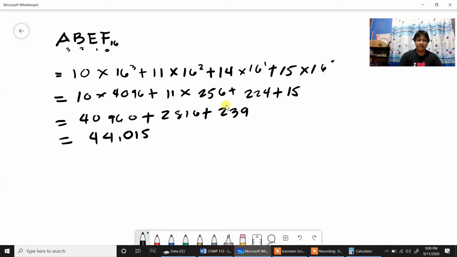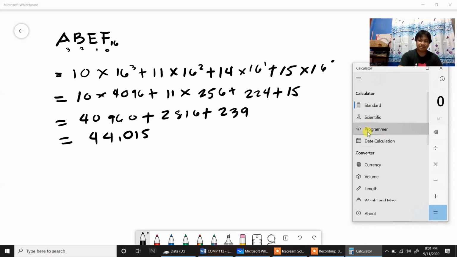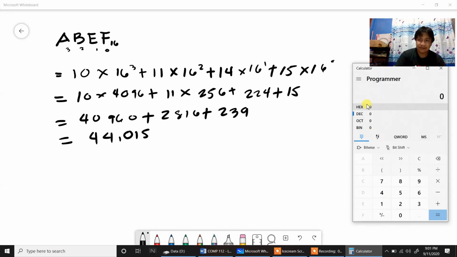Let's check on the calculator if this is correct. We bring out the programmer calculator and put in A, B, E, F. If we observe, the decimal value of our number is 44015.